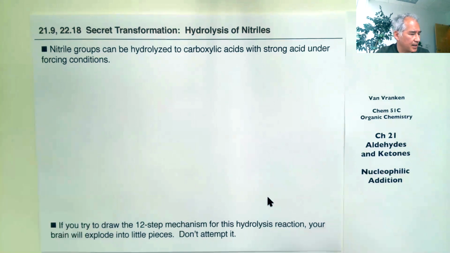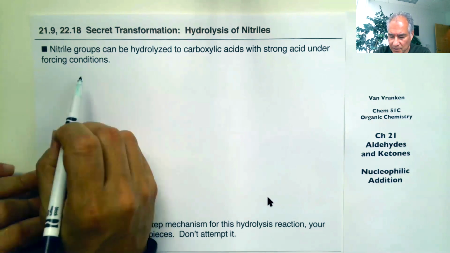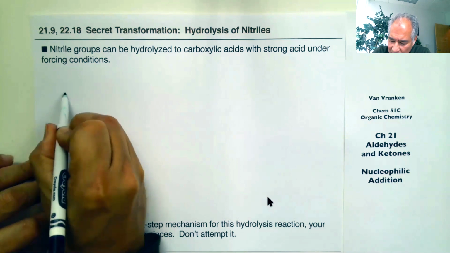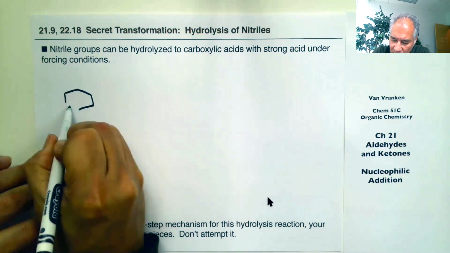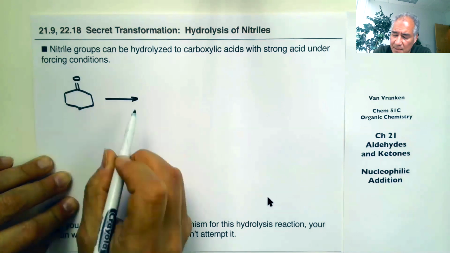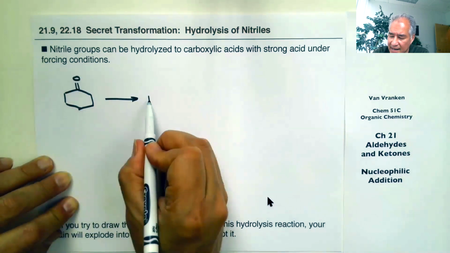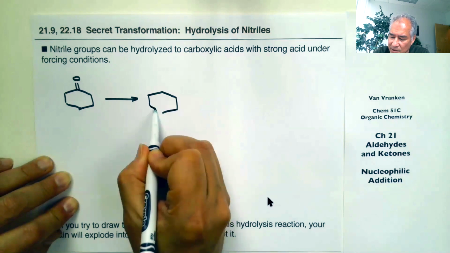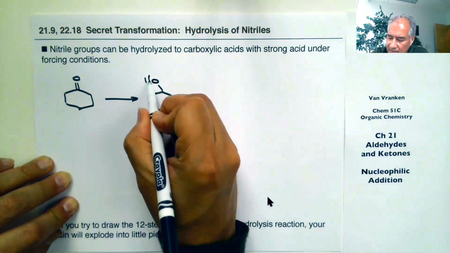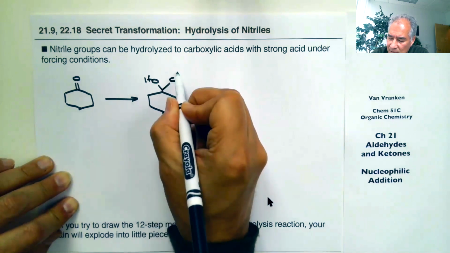Let's go ahead and take a look at one of the major transformations that is very common to effect with a nitrile functional group. So let's first practice using this cyanohydrin forming recipe. We'll take cyclohexanone and we'll just imagine that we form a cyanohydrin with that. And our recipe is to use sodium cyanide and hydrochloric acid.